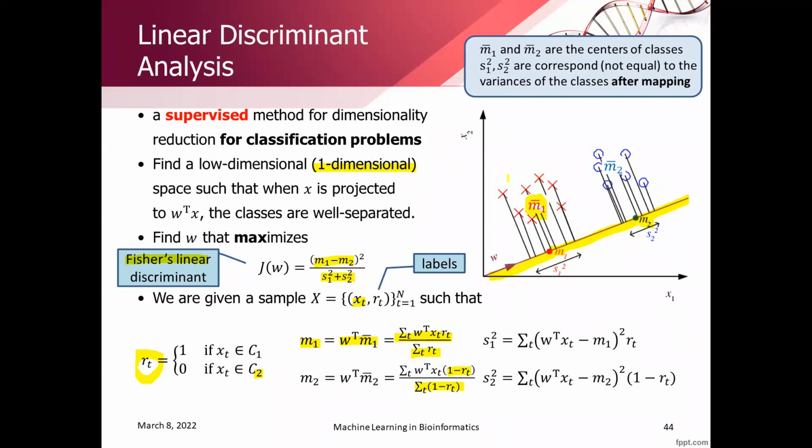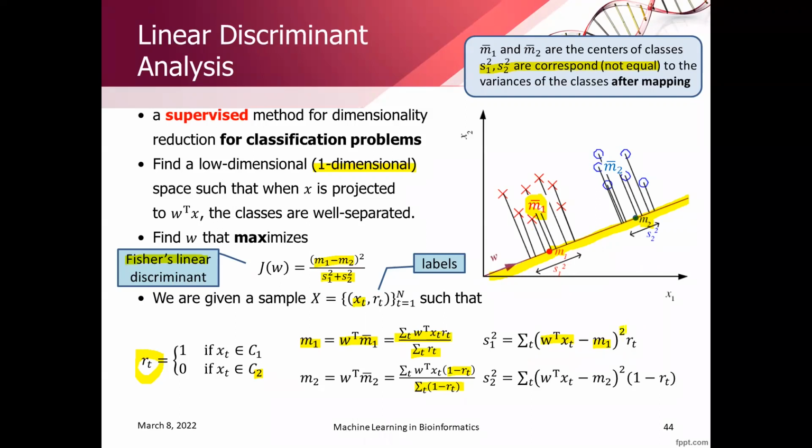And for the variances, they correspond to variances. The values s sub 1 squared and s sub 2 squared are the projection of observation t minus the projected mean m1, squared.